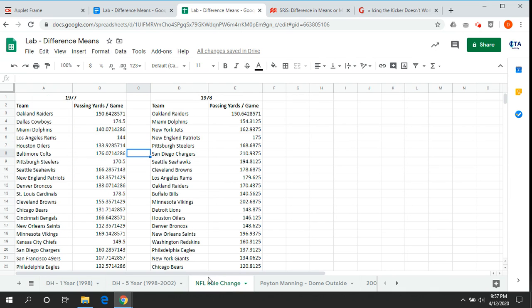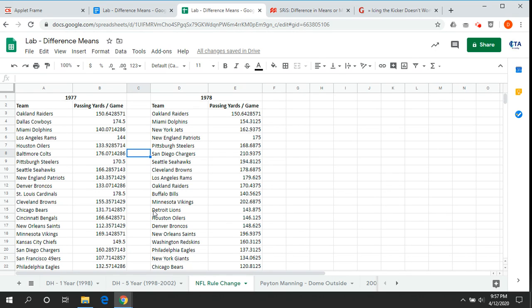So here's another example. This is NFL data, and it looks at passing yards per game. And it looks at 1977 and 1978. And the reason that we use those 2 years is because there was a rule change after the 1977 season that affected basically how receivers could be guarded and basically opened up the passing game in the NFL.